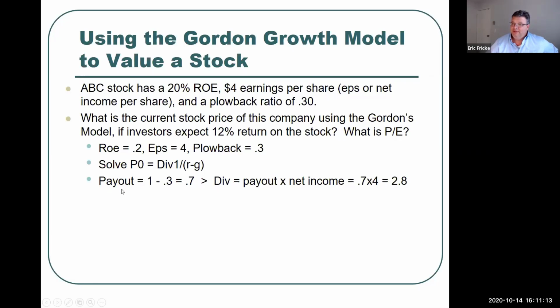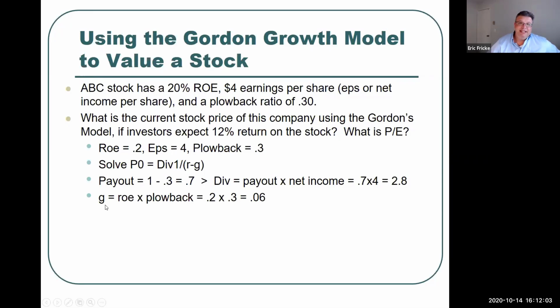So that's where that came from. Because if we know the plowback is 0.3, basically the payout must be 0.7, okay? Now, once we have the payout ratio, we can calculate the dividend, because the dividend is just going to be that payout ratio multiplied by net income, and it's going to be 70%, 0.7, times the $4 per share of net income or earnings. And so that leaves $2.80 that's going to be paid out as dividends.